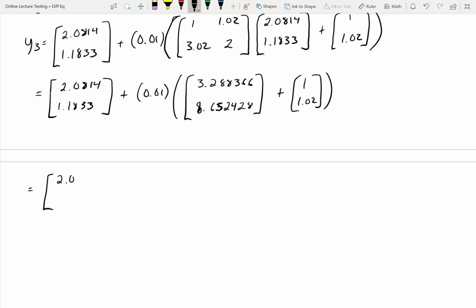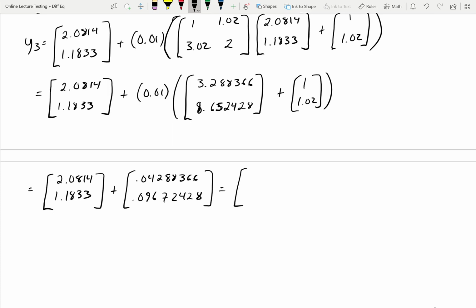So we are going to get 2.0814, 1.1833 plus the following horrible number, 0.0428836 and 0.0967248. Adding these together, our approximate value at t equal to 1.02 is 2.1242836 and 1.28002428. And that's how you do this.